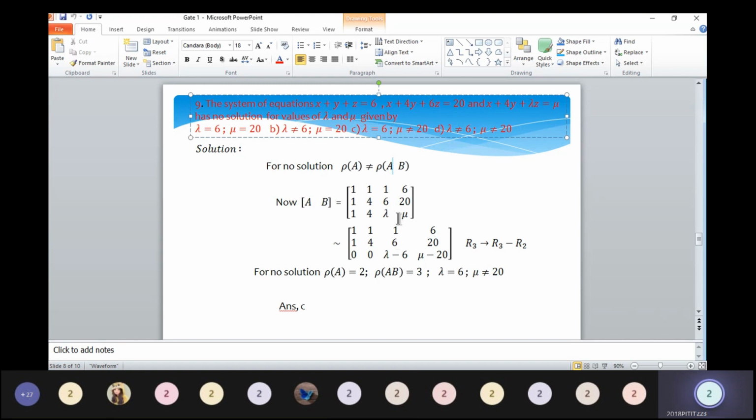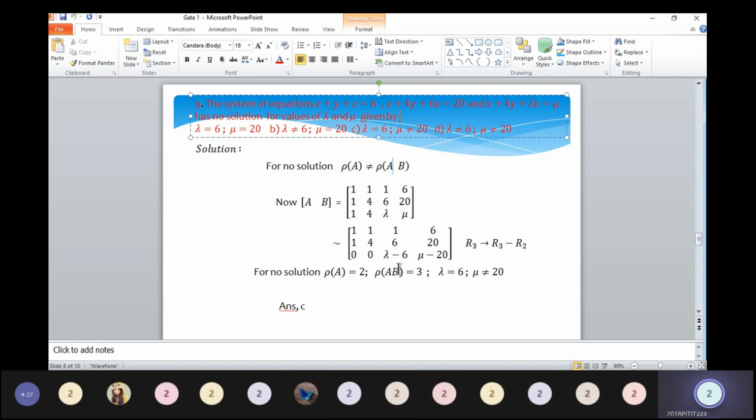Using row elementary transformation, R3 is R3 minus R2, where the 1 is the pivot element. 1 minus 1 is 0, 4 minus 4 is 0, lambda minus 6, mu minus 20. For no solution, rank of A is 2 and rank of [A|B] is 3.